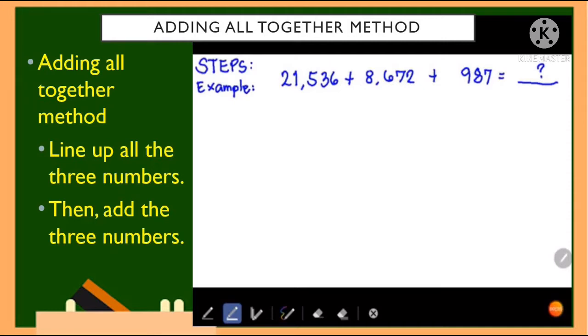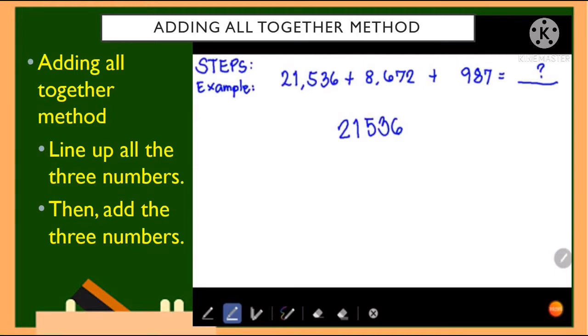So we have 21,536. How about the second number? Can you read that one for me, please? Okay, 8,672. Now, where do I put those numbers?